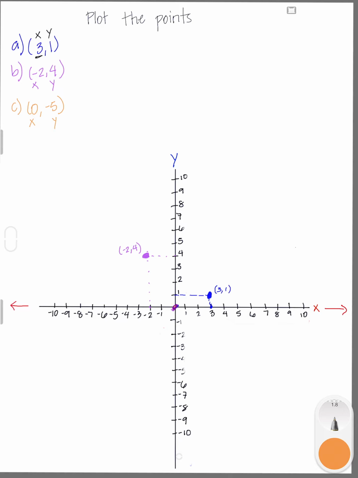I'm just gonna stay there at the origin, and then move down to -5 for y. So 1, 2, 3, 4, 5. Here is my point 0, -5. So whenever one of our variables is 0, that means we don't move on that axis. We just stay at 0 at the origin.